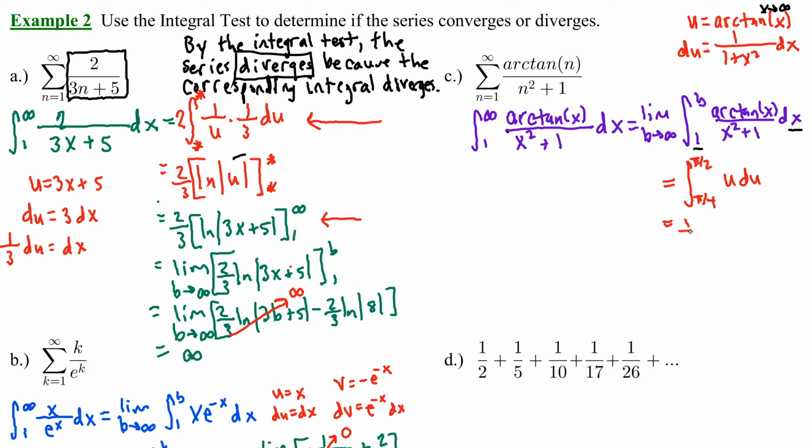So let's carry it out. The antiderivative is 1/2 u squared, and we're going to run this from pi over 4 to pi over 2. Now, you don't even really have to go any further. You can see at this point we're going to get a finite value, and so we can go ahead and conclude this integral converges. Remember, that's all we're after. The value of the series and the value of the integral are not necessarily the same, but their behaviors are the same.